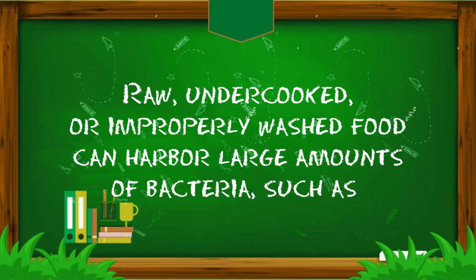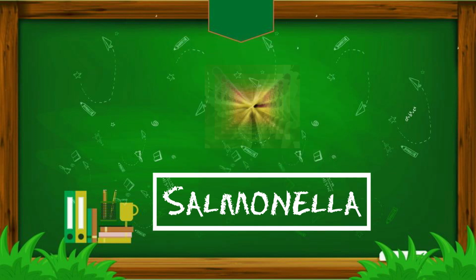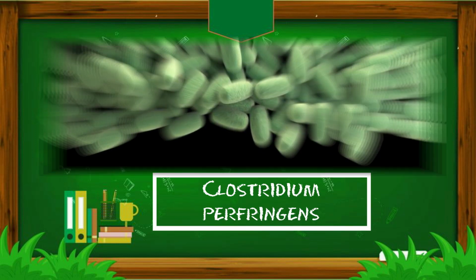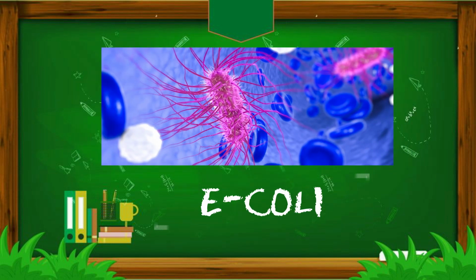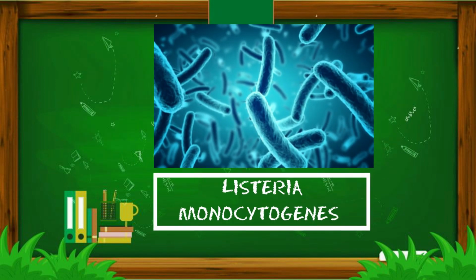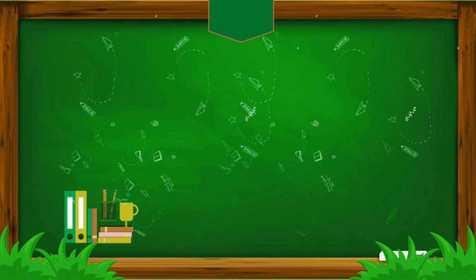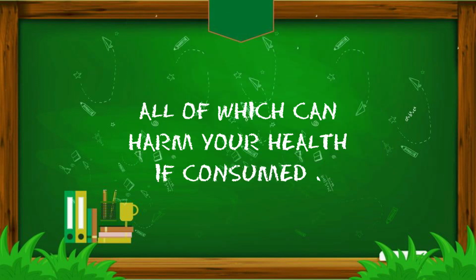Raw, undercooked, or improperly washed food can harbor large amounts of bacteria such as Salmonella, Clostridium perfringens, Campylobacter, Staphylococcus aureus, E. coli, and Listeria monocytogenes, all of which can harm your health if consumed.